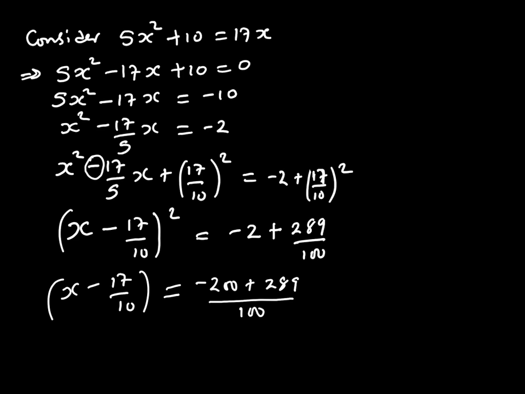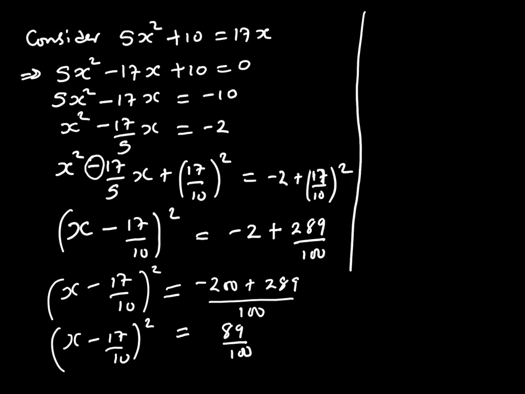So what do you end up with? Remember, there's a square here. You get (x minus 17 over 10) squared is the same thing as 89 over 100.